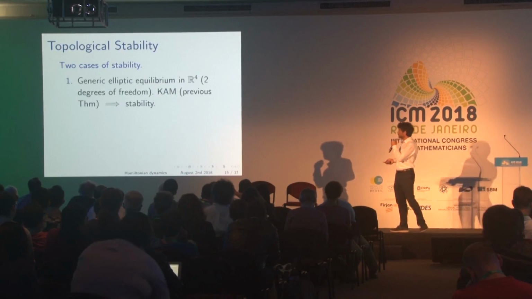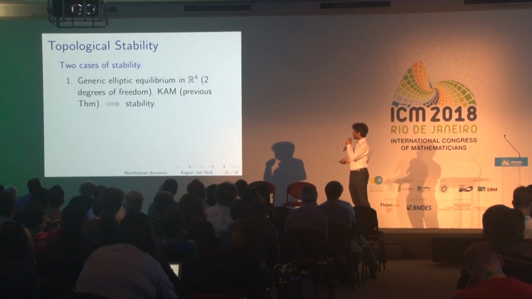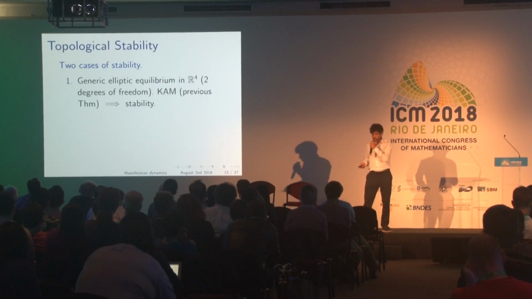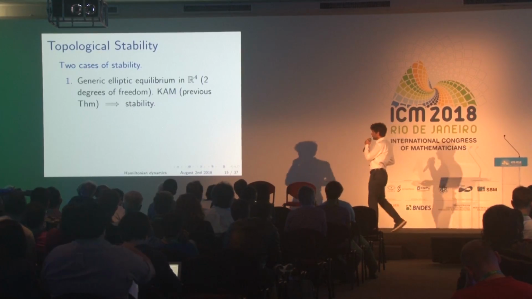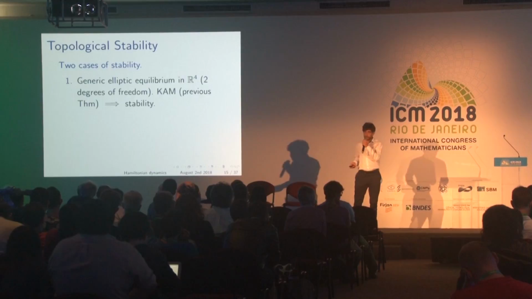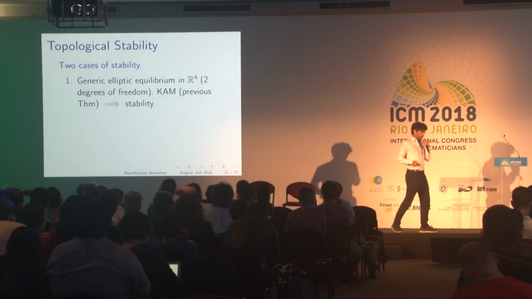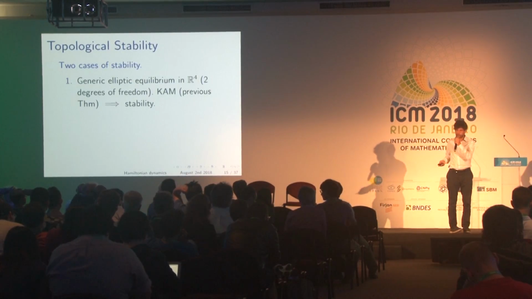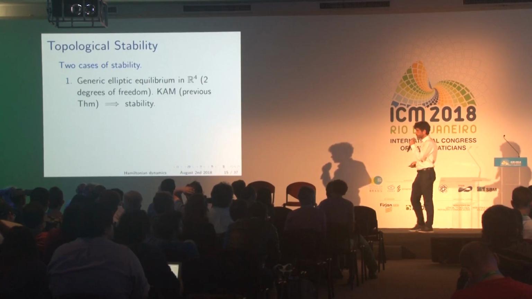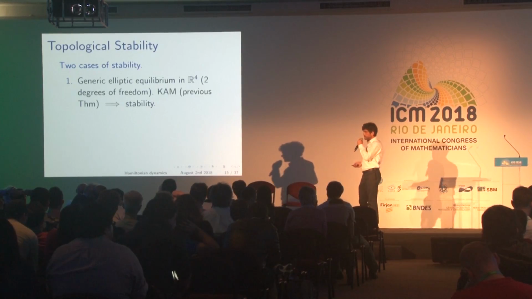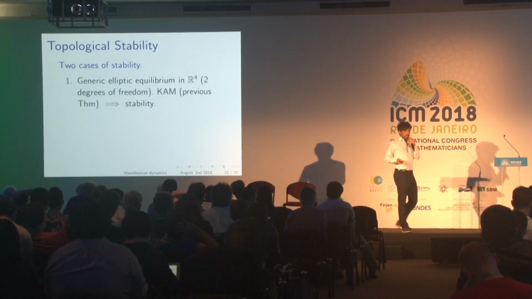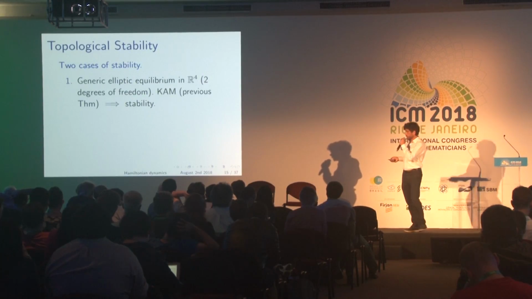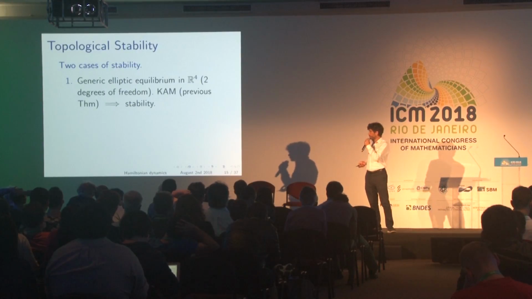So the first case is the case of very low dimensional Hamiltonians in 2 degrees of freedom. In this case, under the so-called isoenergetic non-degeneracy condition, we know that in any energy surface there are KAM tori, and it follows that the equilibrium is topologically stable.